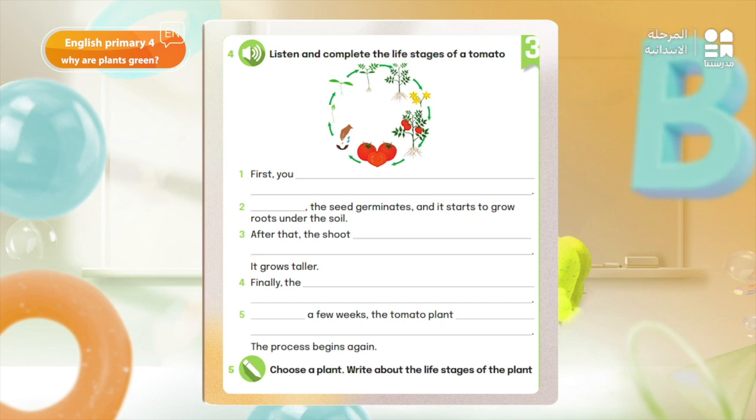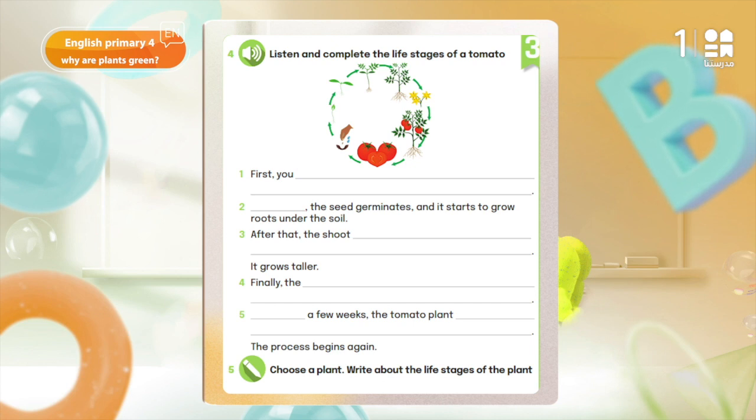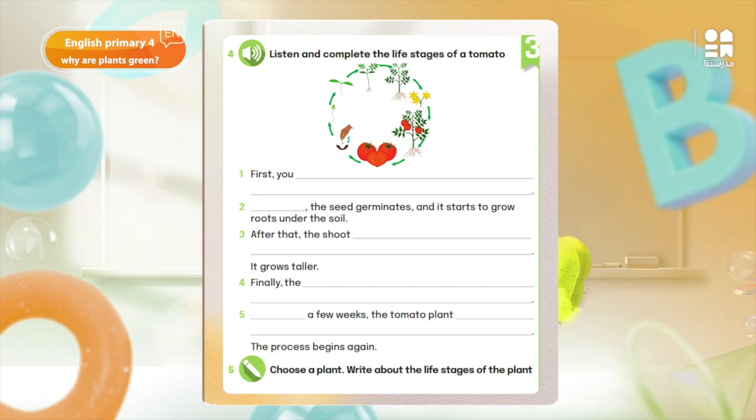1. First, you plant the tomato seed in soil. You put it in sunlight and water it. 2. Next, the seed germinates, and it starts to grow roots under the soil. 3. After that, the shoot grows above the soil.